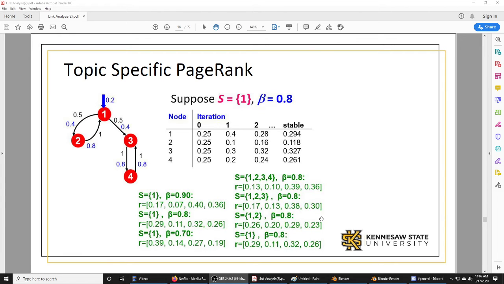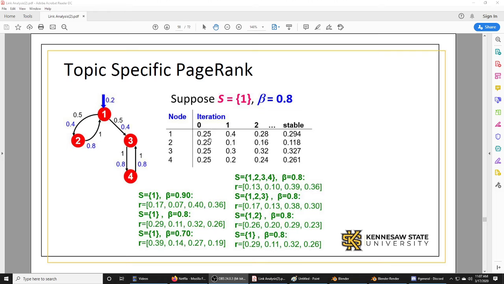So let's take a look at how this actually works, right? So I have 4 web pages here. Node 1, Node 2, Node 3, Node 4. And we're going to say that our topic specific set is only page 1, right? So beta being 0.8, and we're going to start off with a rank of 1 over n for each node, right? So 1, 2, 3, 4.